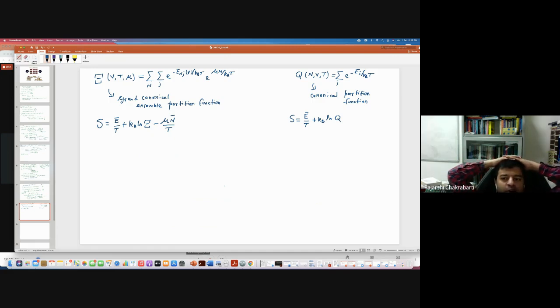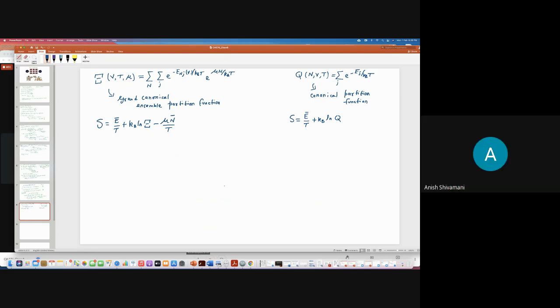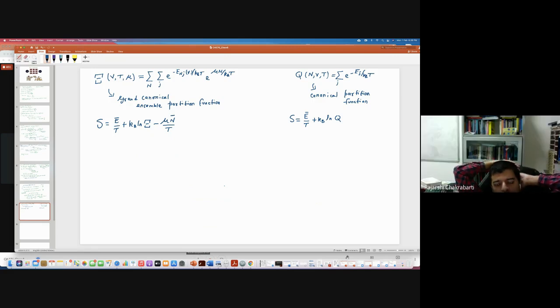You calculate entropy, for example, for the same system, same problem, but in two different ensembles. First you do it in canonical, then you do it in grand canonical. Calculate entropy or any other quantity. You will see they are identical. What does it mean? This is expected because it's a state function, and this is called equivalence of ensembles.